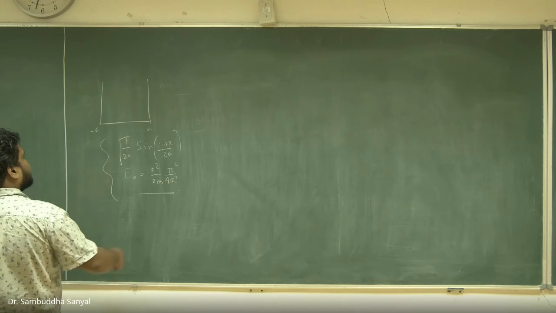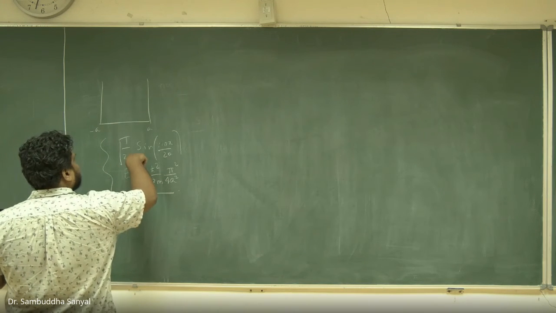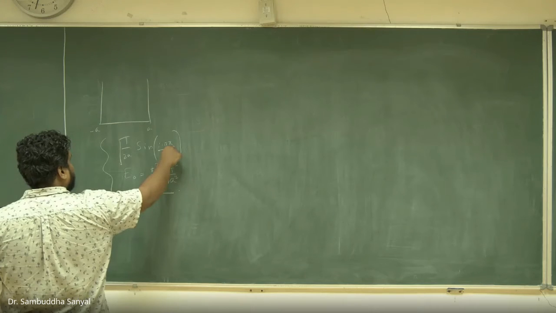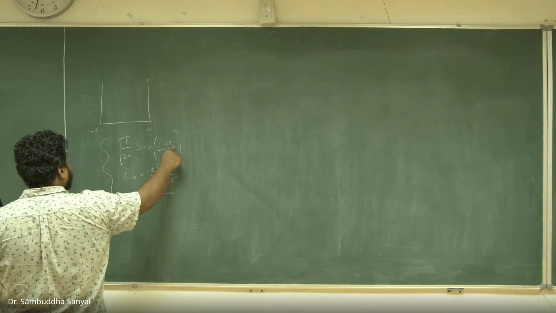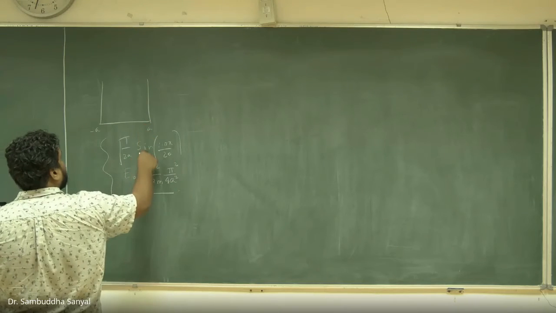I'm just trying to guess why it is consistent with it. So if I write it as cos, then the ground state has to be even, and there will be no node. Because if my x is a, this has to vanish, right? And it is not vanishing here.